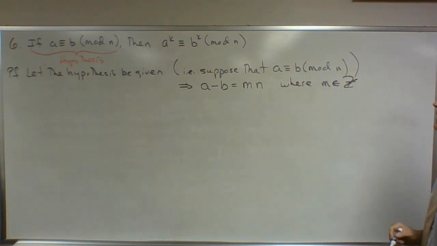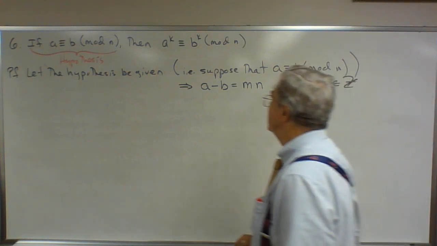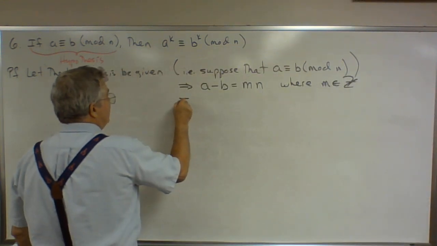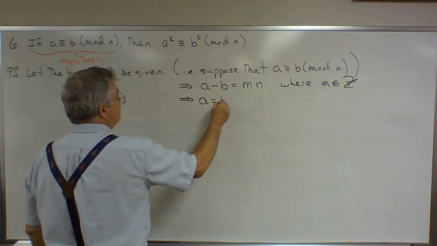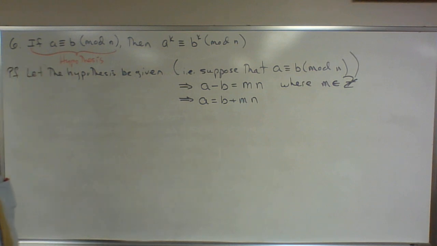So A minus B is a whole number multiple of n, and that means that A is equal to B plus mn, where m is an integer.